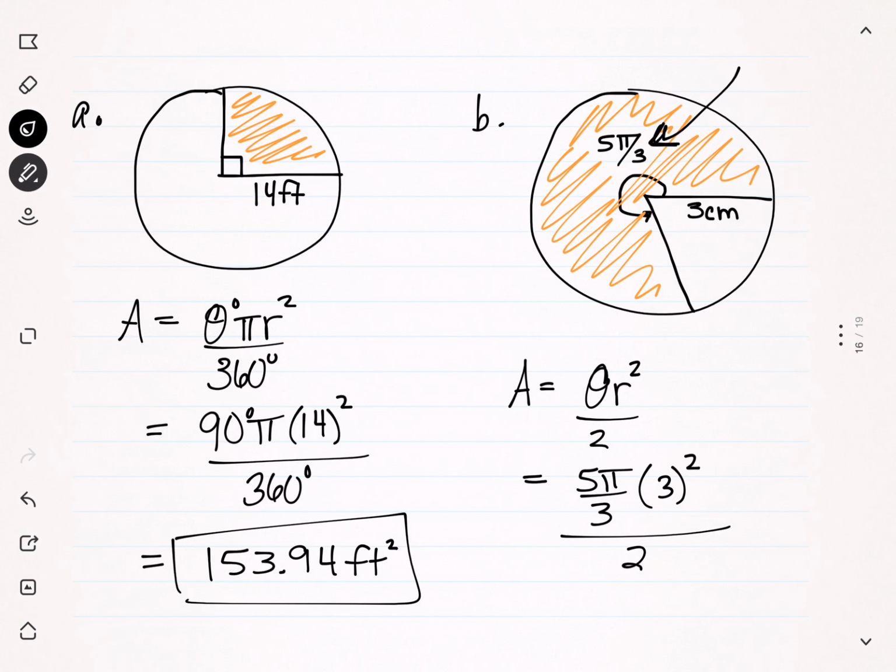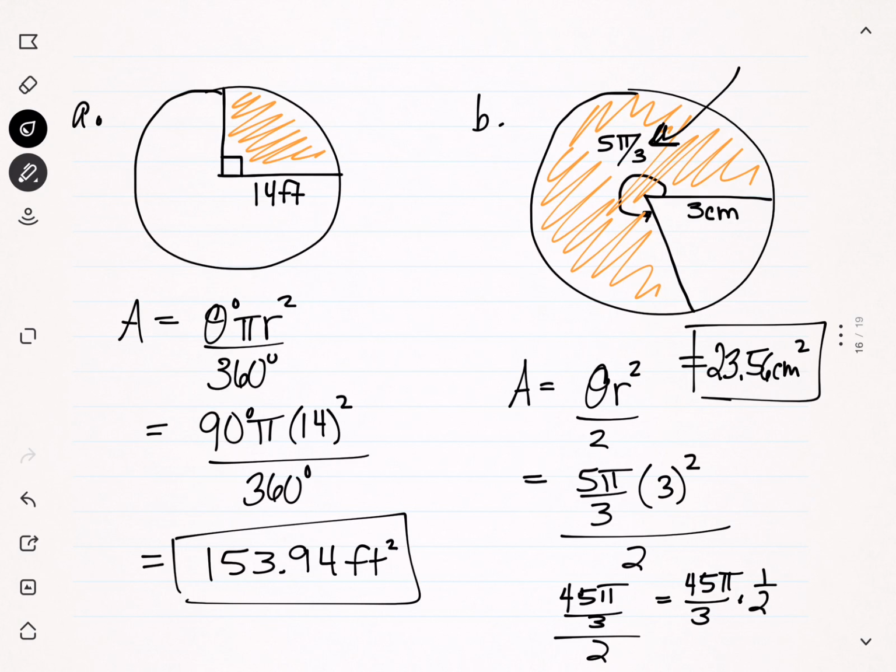Then 9 times 5 is 45 pi over 3, and then I want to divide that by 2. That's the same thing as 45 pi over 3 times 1/2, or 45 pi divided by 6. When I plug that into my calculator, I'm going to get a final answer of 23.56, and my units are going to be centimeters squared since we're talking about area.